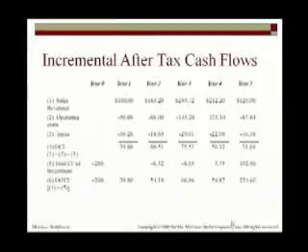Now, if we take the net income and add back the depreciation, we get the operating cash flow. Or if we take the sales, subtract out the operating costs, and subtract out the taxes, and don't subtract out the depreciation, you can either subtract it and then add it back, or just not subtract it out at all, and you get the operating cash flow.